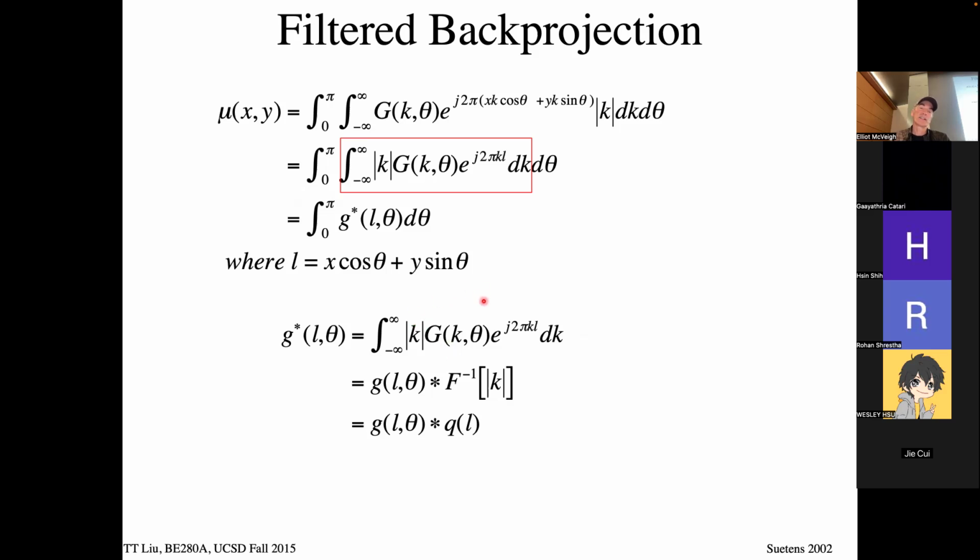If I have a product here, the inverse Fourier transform of this product is the inverse Fourier transform of G of k, theta, convolved with the inverse Fourier transform of magnitude k. That's what we're going to call that thing. And so now we have g_L theta, our original measured data, convolved with this function of L, which is the inverse Fourier transform of k.